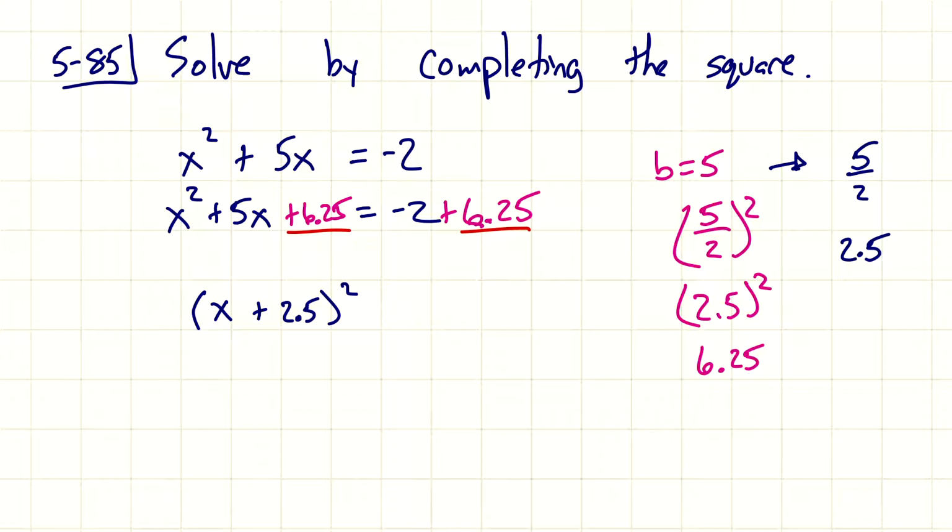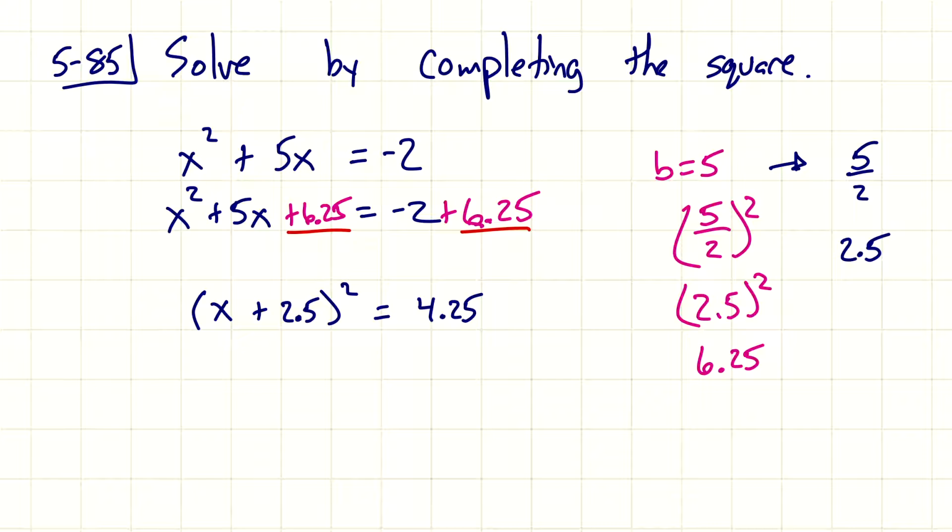All right, so the right side, you may or may not need to use a calculator for that. 6.25 and a negative 2 is going to give us a 4.25. All right. And then let's solve this.